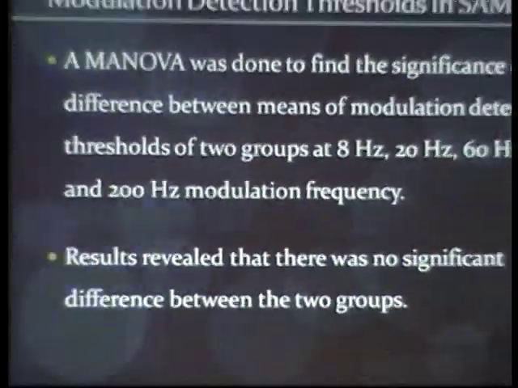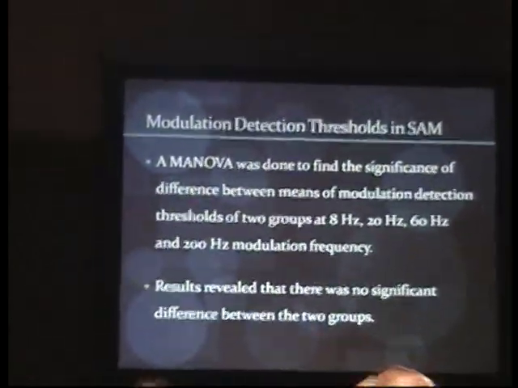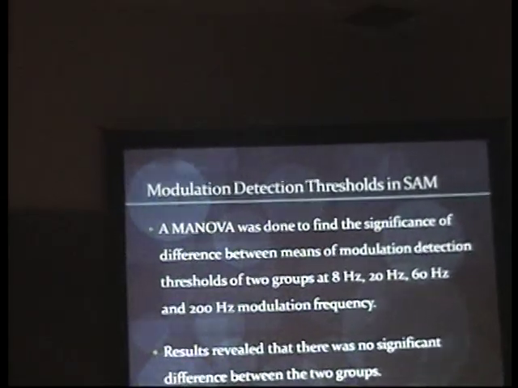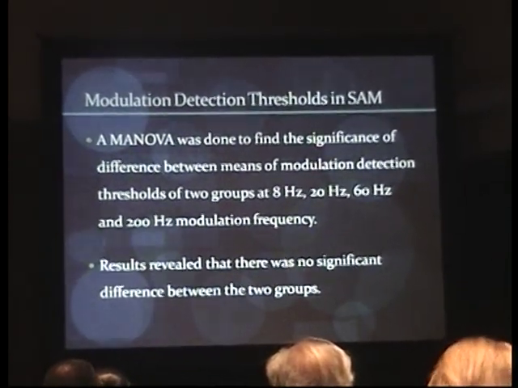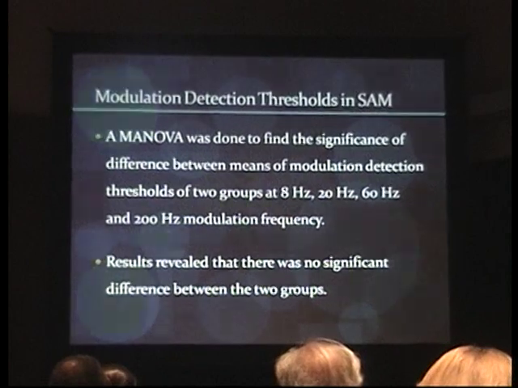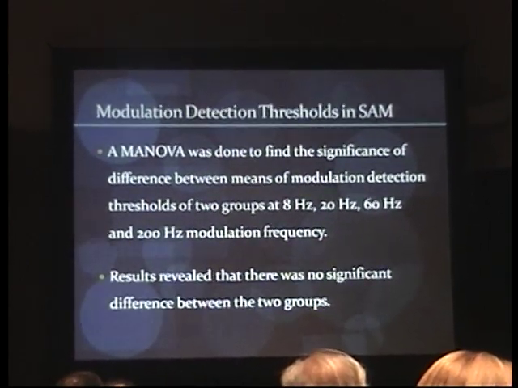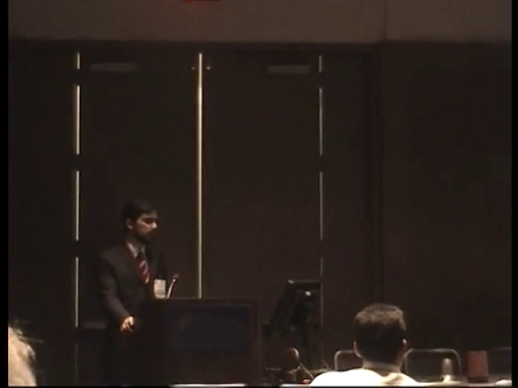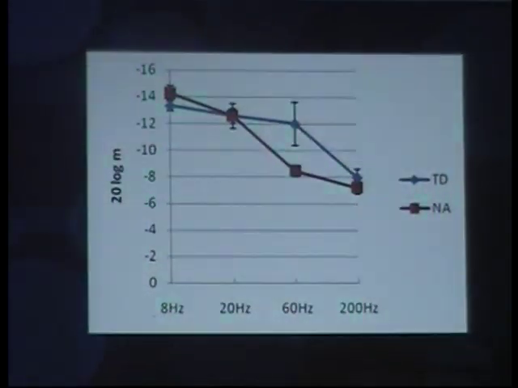Now, coming on to the modulation detection thresholds in sinusoidally amplitude modulated noise, a MANOVA was done to find the significance of difference between the means of modulation detection thresholds of the two groups at 8 Hz, 20 Hz, 60 Hz, and 200 Hz of modulation frequency. The results revealed that there was no significant difference between the two. As you can see in the picture, the one in red is the control group and in blue is the train driver group.